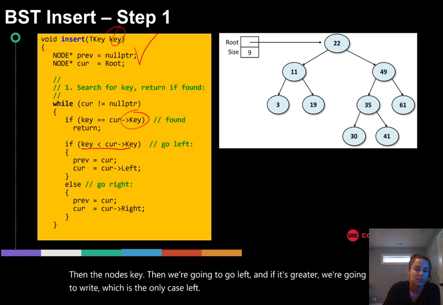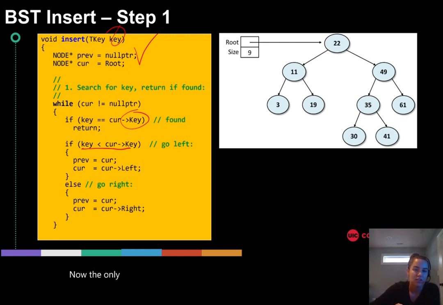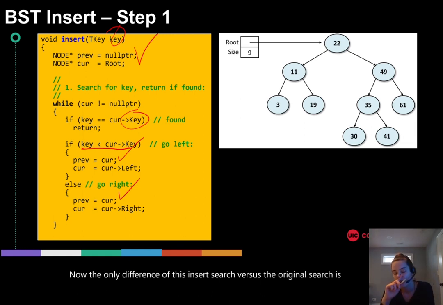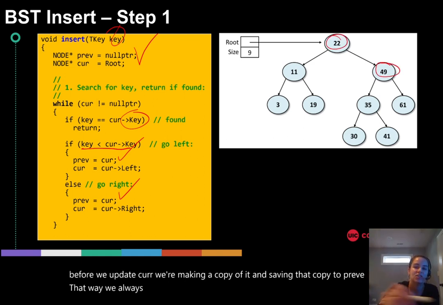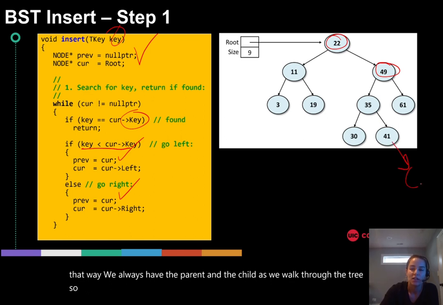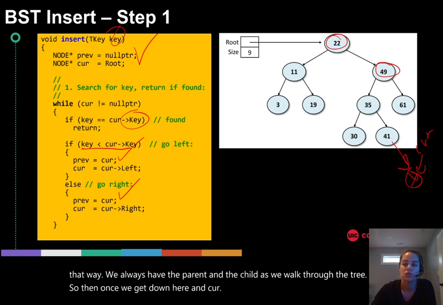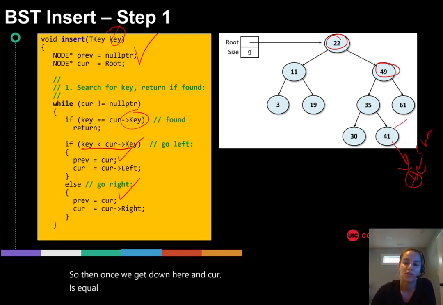The only difference of this insert search versus the original search is, again, before we update cur, we're making a copy of it and saving that copy to prev. That way we always have the parent and the child as we walk through the tree. So then once we get down here and cur is equal to that null pointer, prev will always equal the parent.